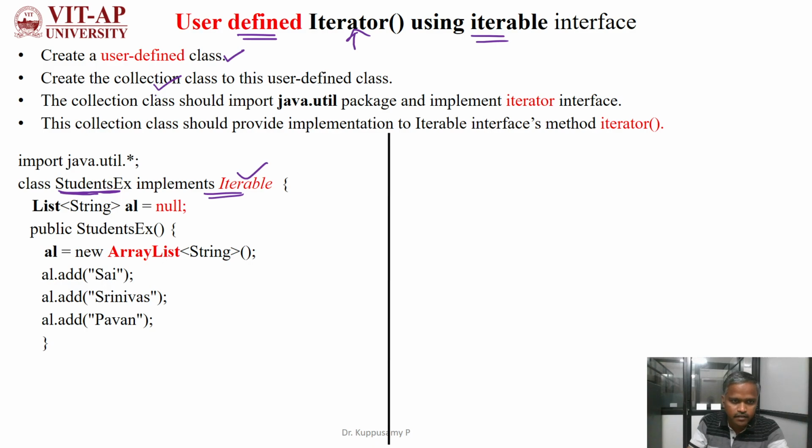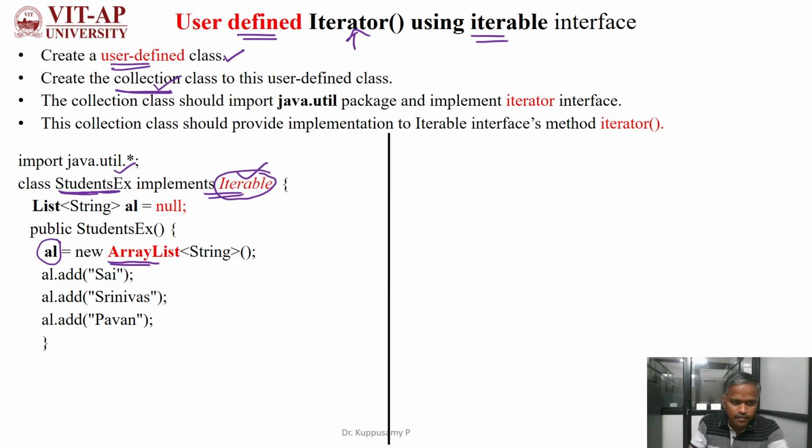The user defined class is StudentsEx, which implements the Iterable interface, as given here. Then the Java collection is created. Here I am using an ArrayList as the Java collection, which is stored in the variable al.